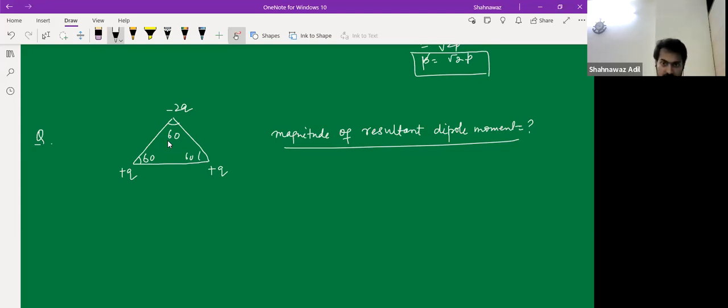Is it root 3 p? Root 3 p. Okay, so that's Shave's answer. What is your answer, Faizan? What did you get?